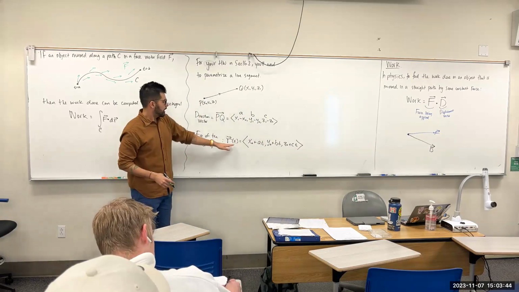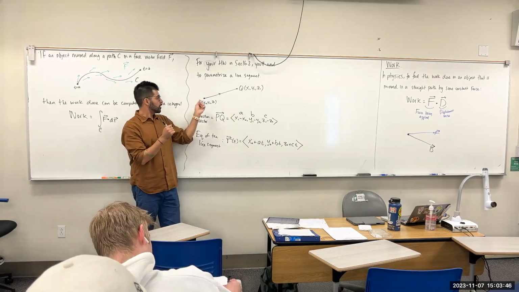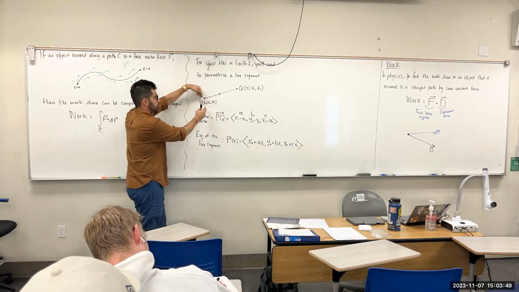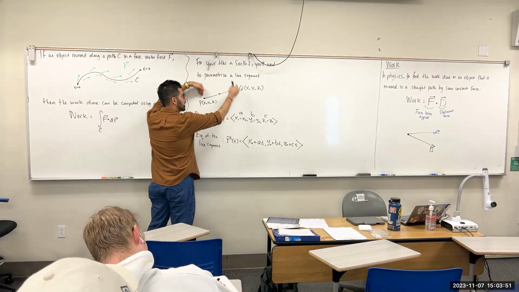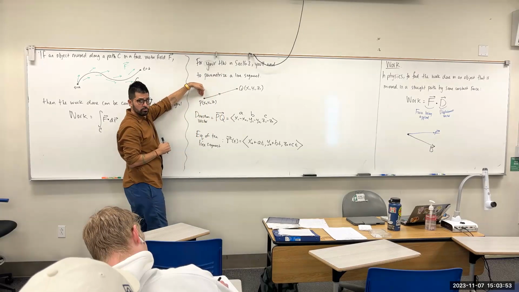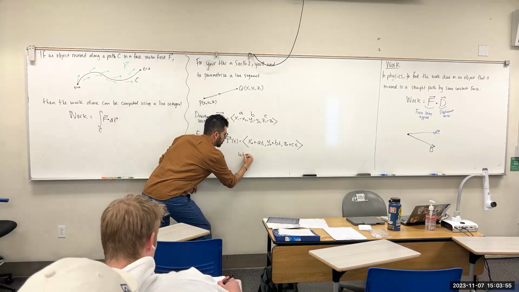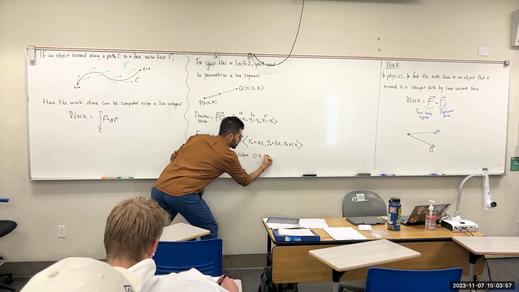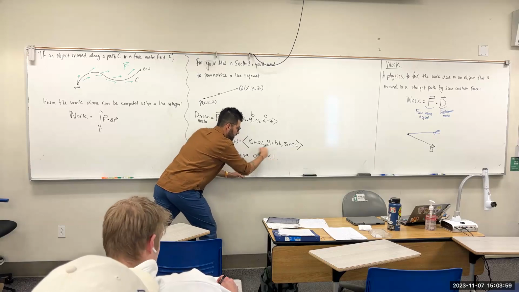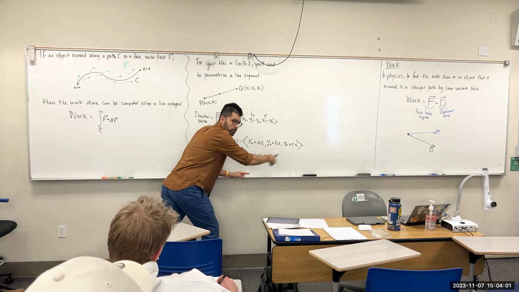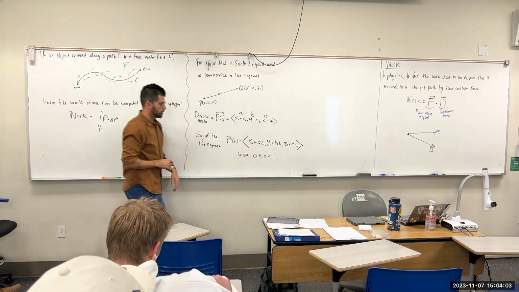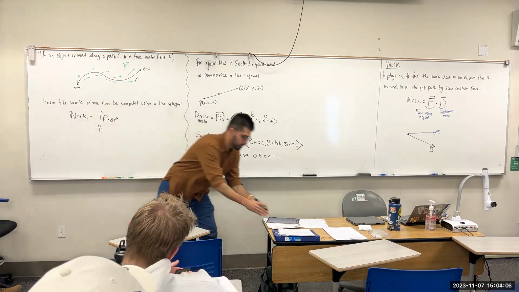Does that ring a bell? Except that you wanted to say that your t can only go from 0, which will give you the point P, to t equals 1, so it ends exactly at Q, where t ranges from 0 to 1. This part here guarantees that you have the line segment from P to Q.